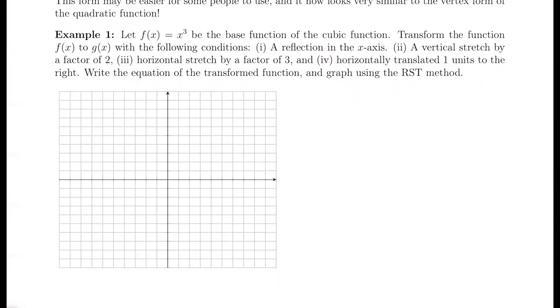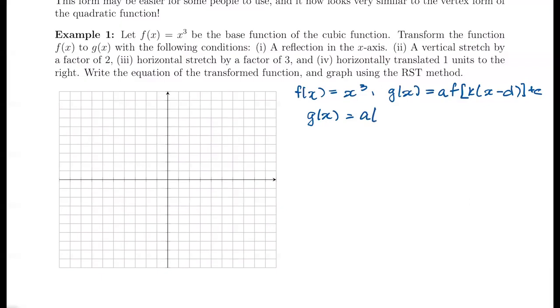So let's write the function first. We have the base function given by f of x is equal to x cubed. And we want to transform it so that we have something that reflects the transform. So g of x here would be a times (k times (x minus d)) to the power n plus c.